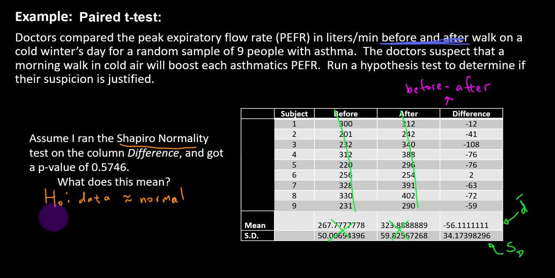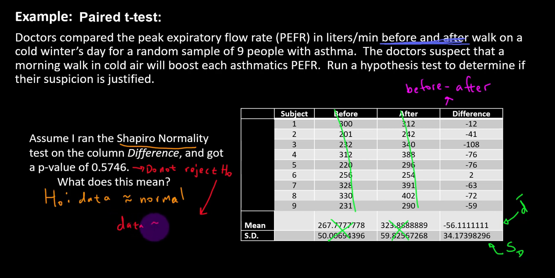And I don't even need to think about the alternative here, because this p-value is quite large. And so that would mean we do not reject this null hypothesis. So that implies that the data is normal.